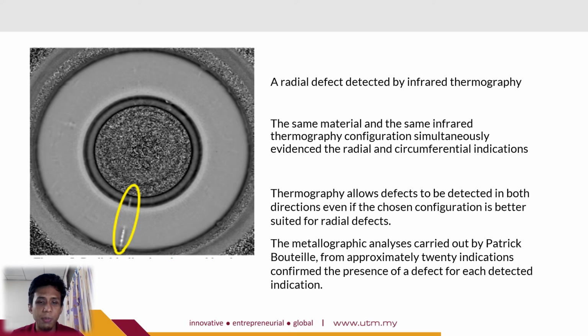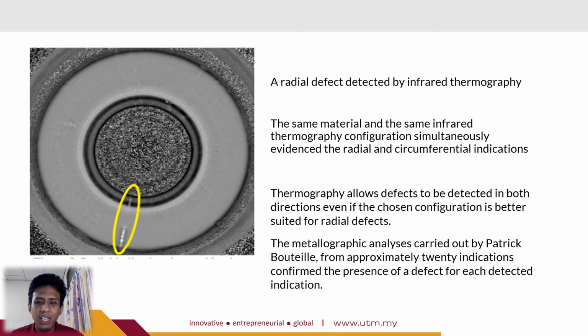For this picture, we can see that by using infrared thermography, a radial defect can be detected. The same material and the same infrared thermography configuration simultaneously evidence the radial and circumferential indication. Thermography allows defects to be detected in both directions, even if the chosen configuration is better suited for radial defects.